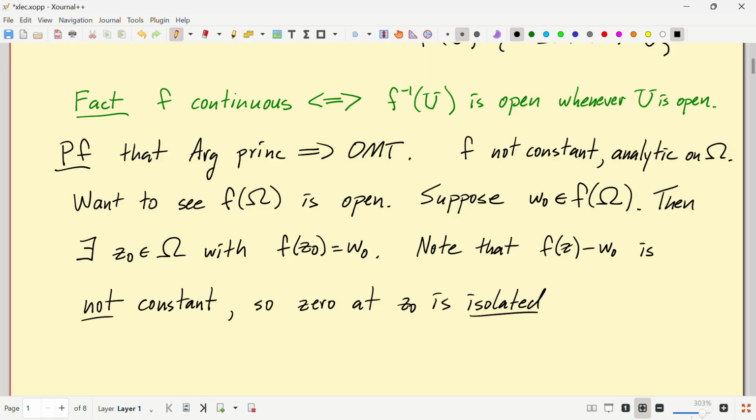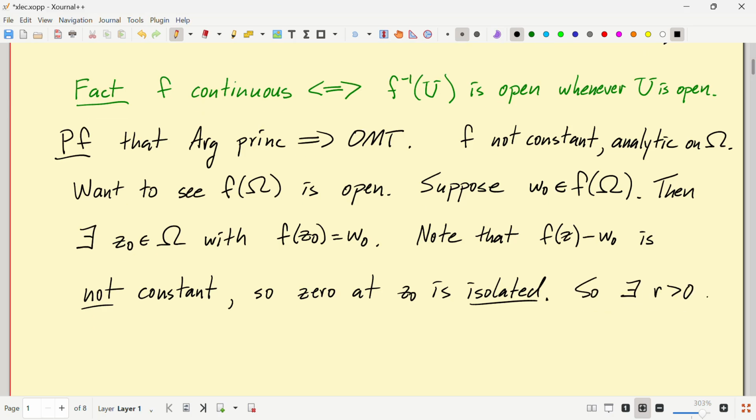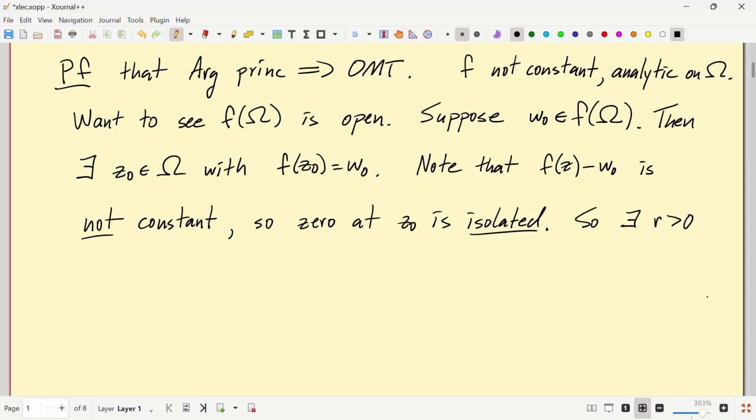So there exists a radius bigger than 0 such that I can stick a disk in there. The disk D_r about z naught, closure in Omega, is open, so there's a disk in there, and I can shrink it down so the closure is in there also.